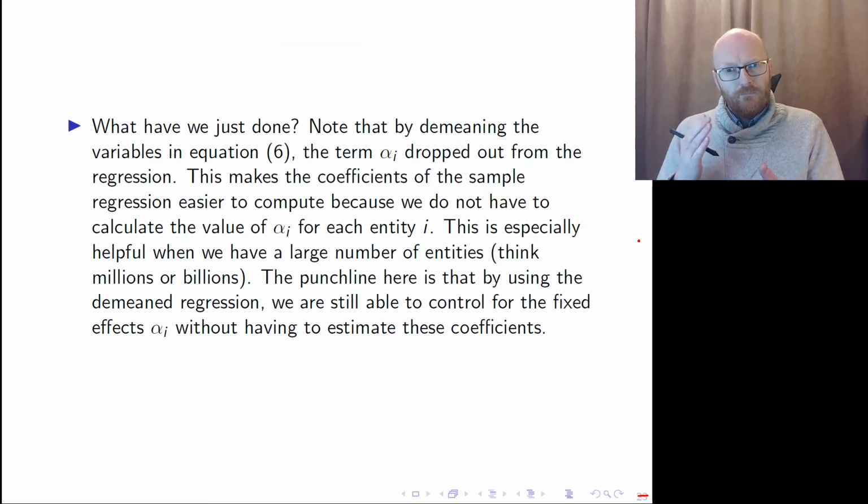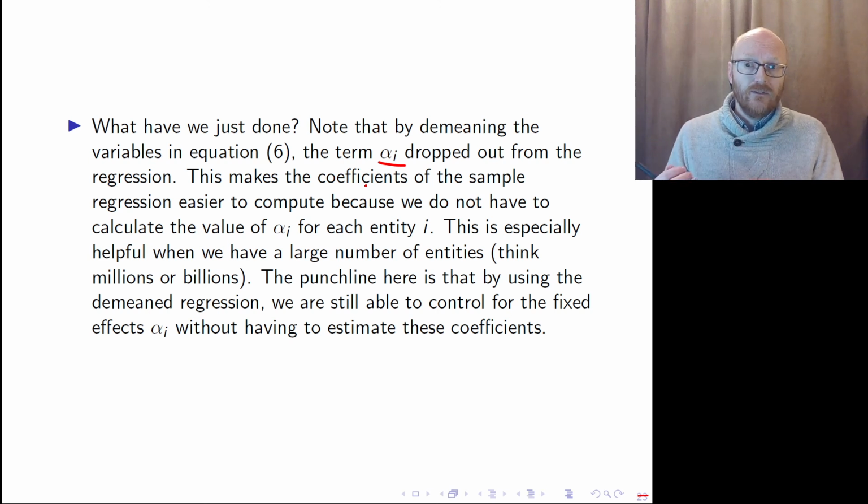And why is that okay? Well, by demeaning the variables in equation 6, the alpha terms dropped out, and we only had one coefficient left. And what was our question from the beginning?